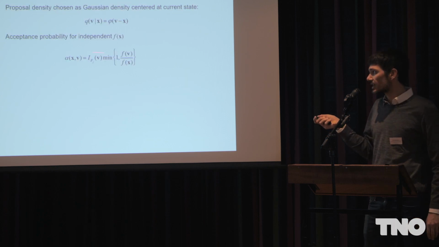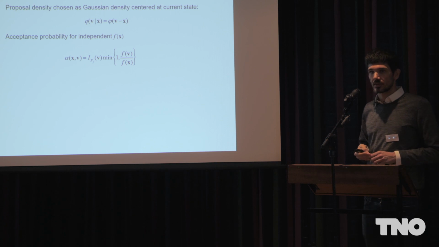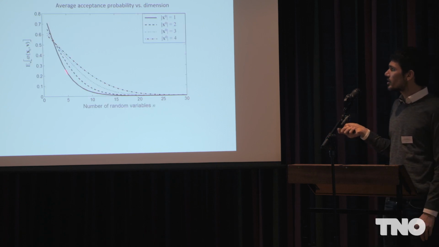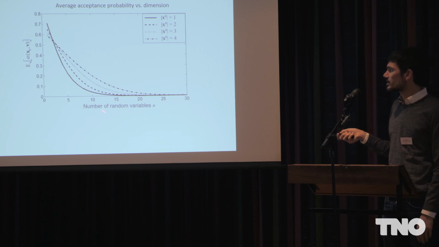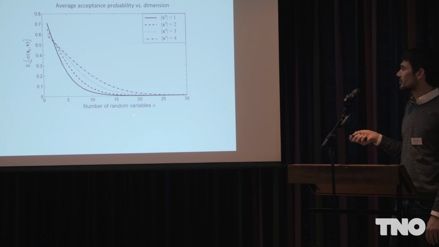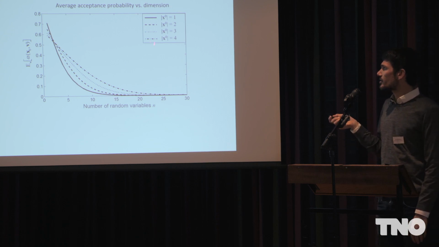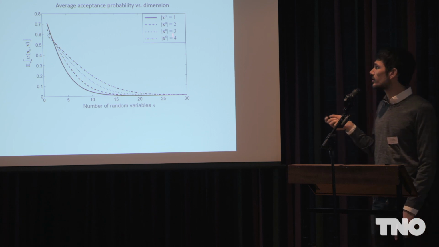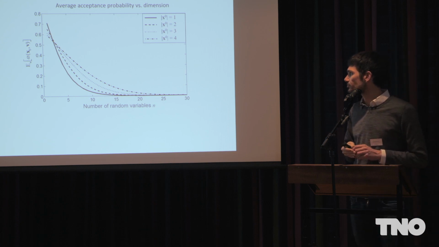And this will actually lead to this acceptance probability taking very, very small values in high dimensions. This is illustrated on this figure, where you see the average acceptance probability, or acceptance rate, for different numbers of random variables, for sampling a Gaussian target distribution, and for starting at different locations away from the origin.